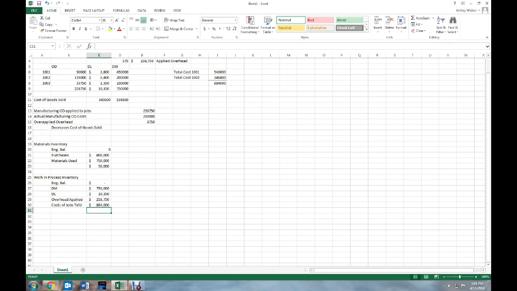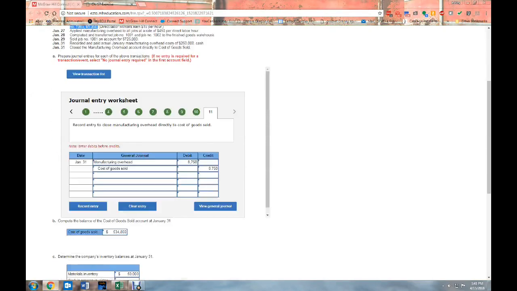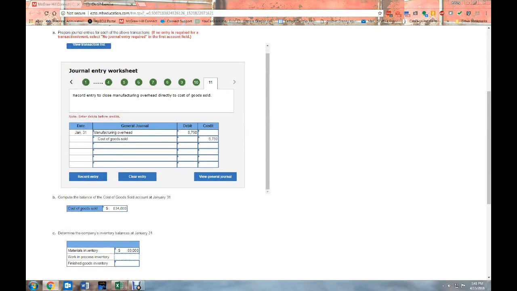Okay. So our work in process inventory has to be our direct materials plus direct labor plus overhead minus the cost that we transferred out. So there should be $135,100 remaining in our work in process inventory.